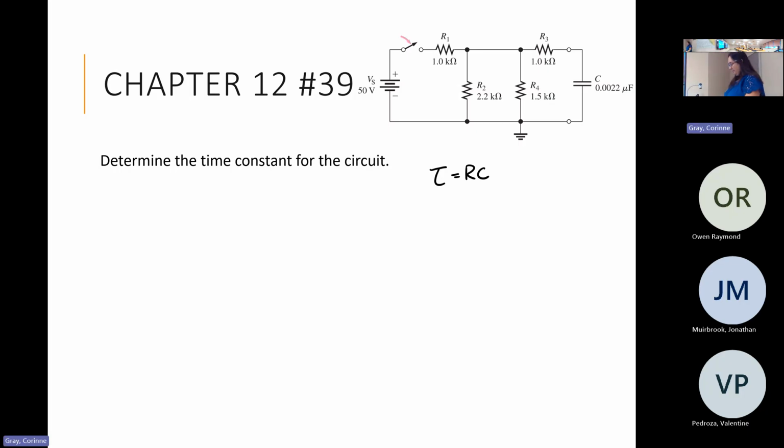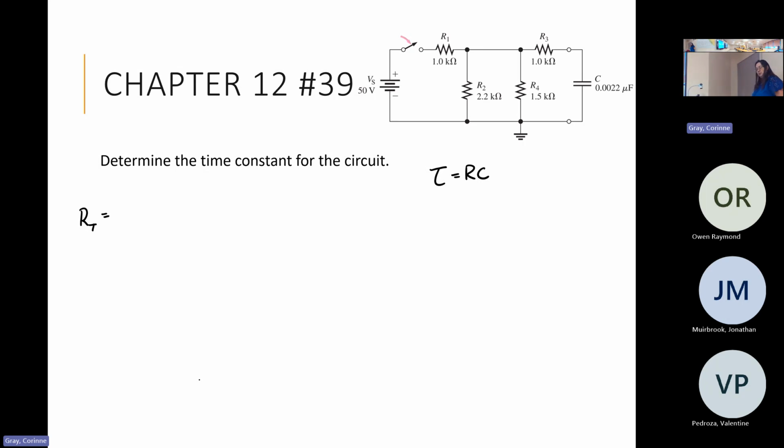Find all the resistors. Okay, I need to combine all of those resistors. So for the sake of doing this, C is going to be a short for our calculation. So what's in what with what? R3 and R4 are in parallel.